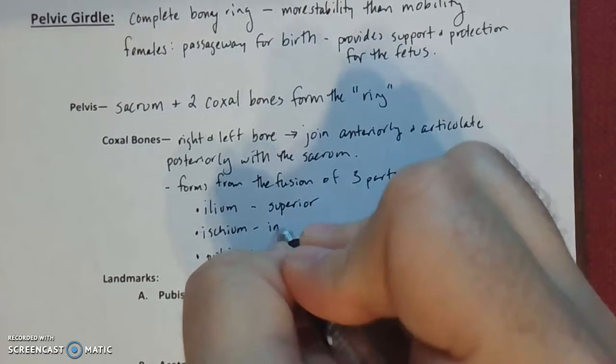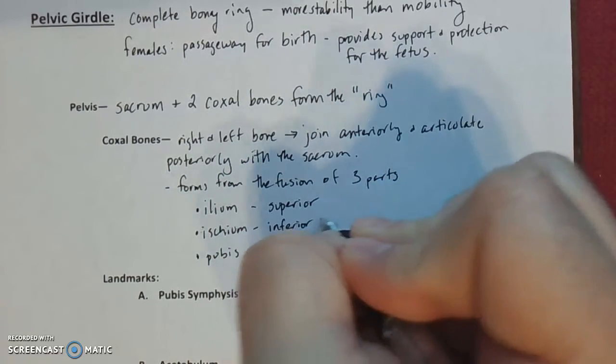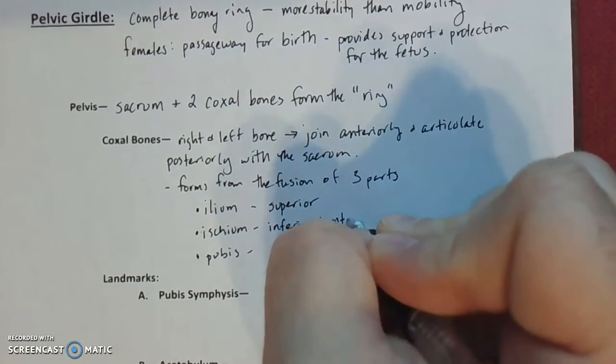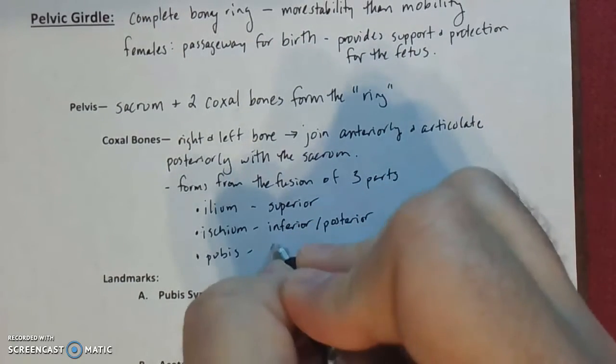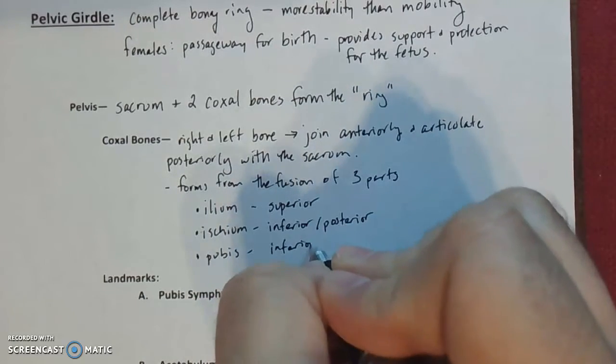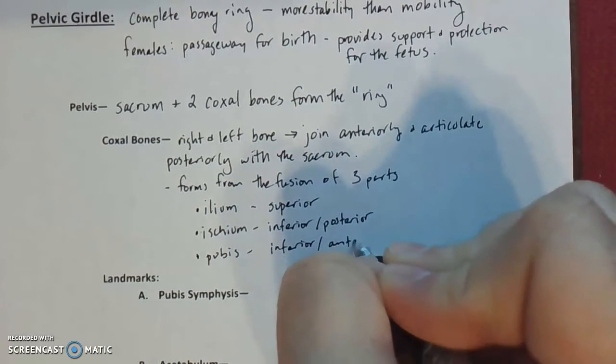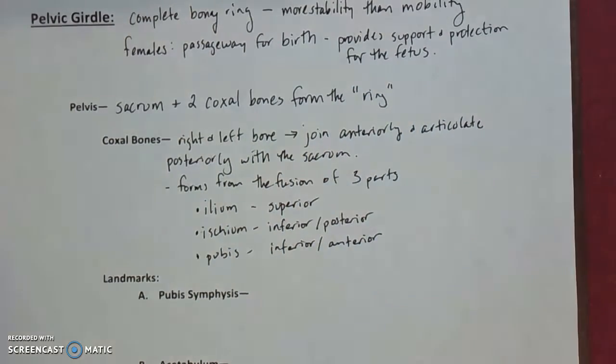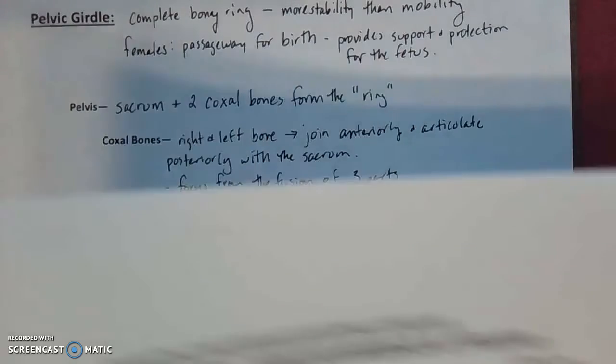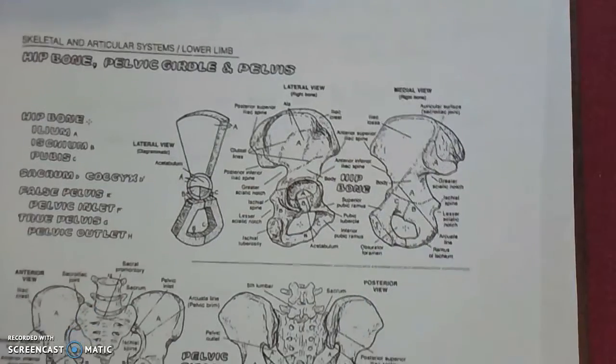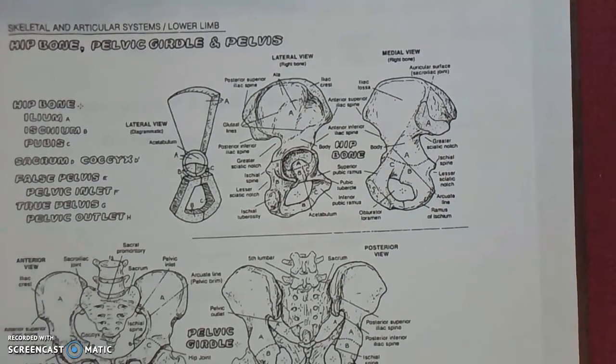The ischium is inferior, posterior, and the pubis is inferior, anterior. So we have four major landmarks that we're going to look at on this. But before we do that, let's go ahead and look at these bones on our diagram on the next page.